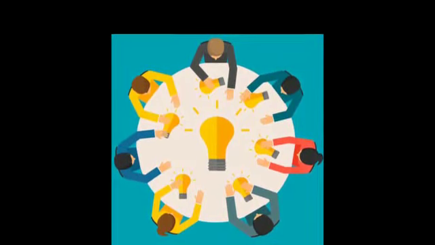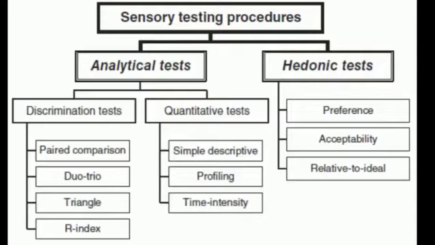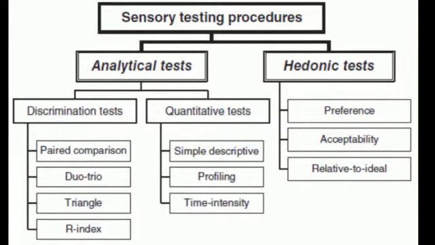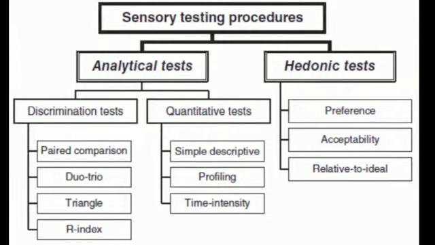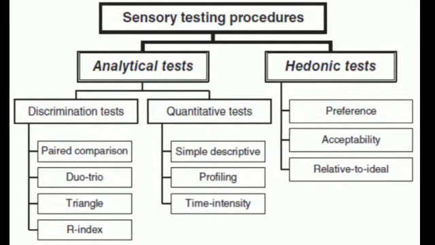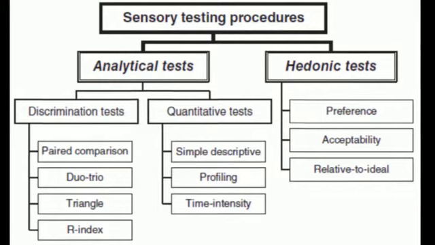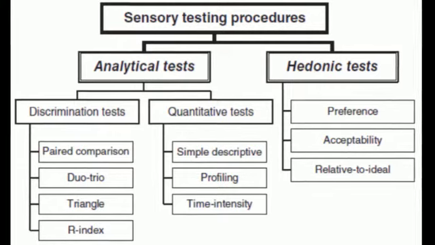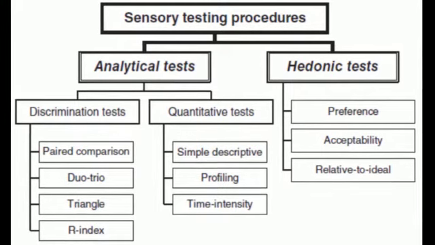Now let us see about the types of tests done for sensory evaluation. Basically, sensory evaluation is done in two aspects, that is the product oriented evaluation and the consumer oriented evaluation. Under the consumer oriented or hedonic tests, preference, acceptability and relative to ideal tests will be conducted, whereas the product oriented or analytical test is divided into two: descriptive or quantitative and discriminative tests.